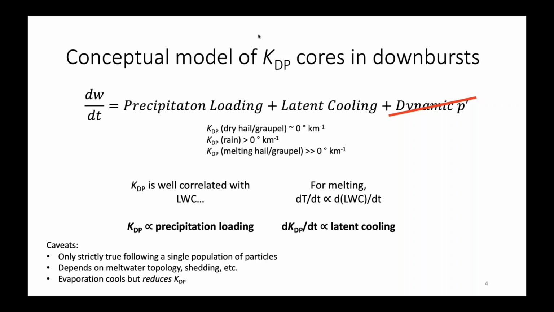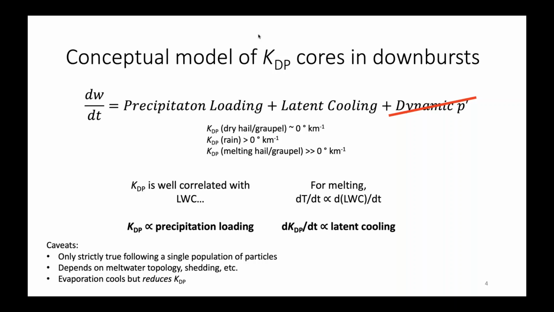Another benefit to using KDP more in a straightforward sense is that a lot of times with descending reflectivity cores, if you have a broad area of enhanced reflectivity, visually it can be a little bit more challenging to identify an enhanced region of Z that's descending, whereas with KDP it's often very visually well defined and identifiable.